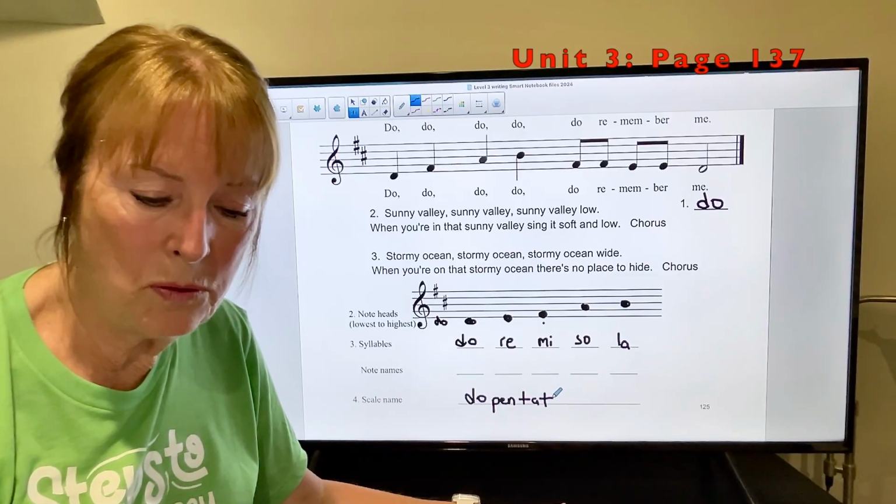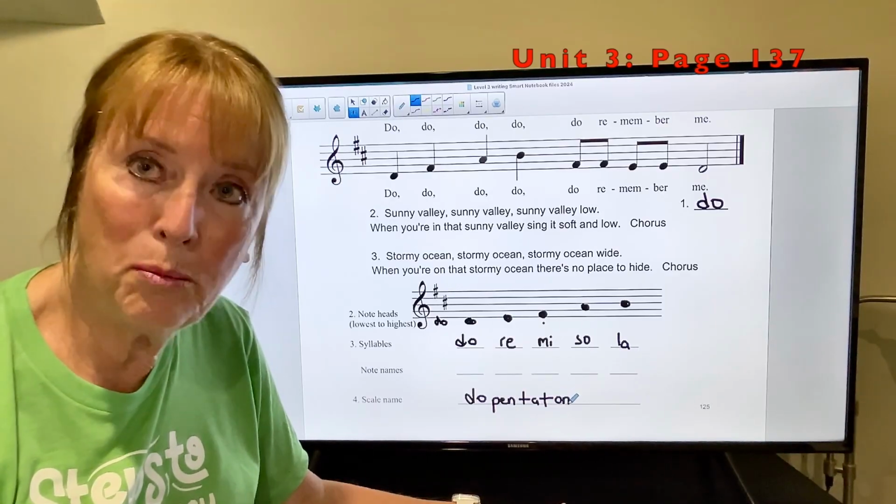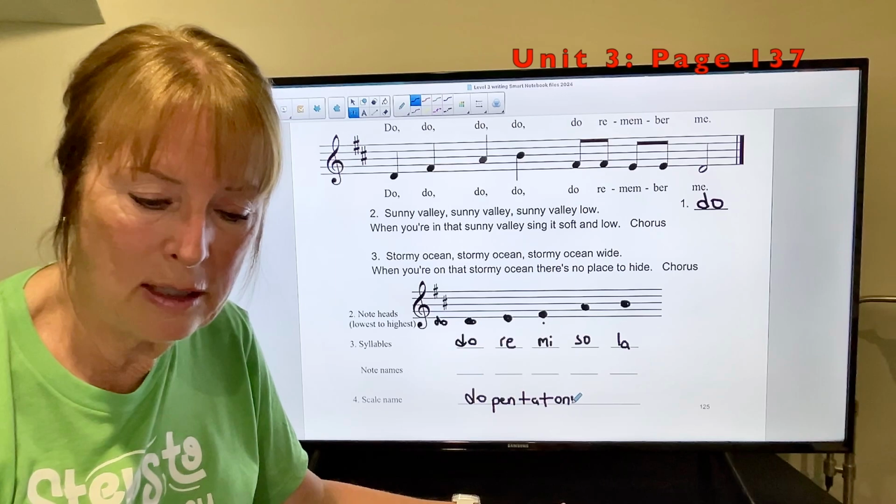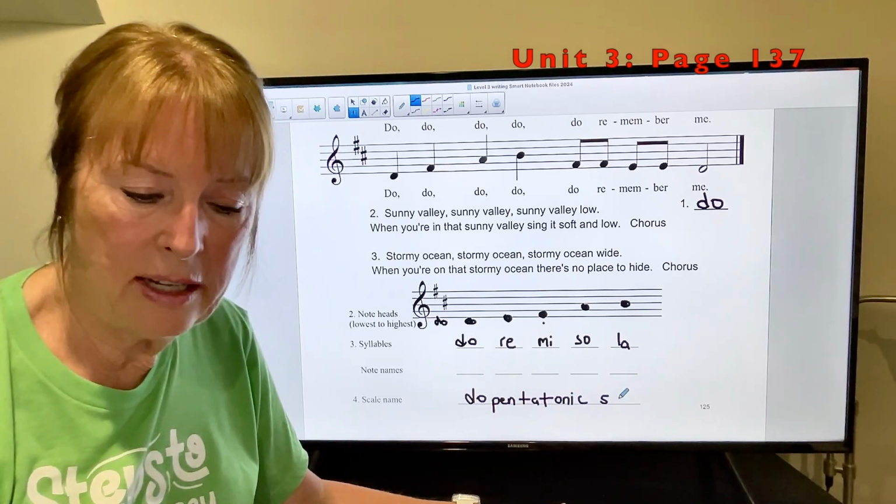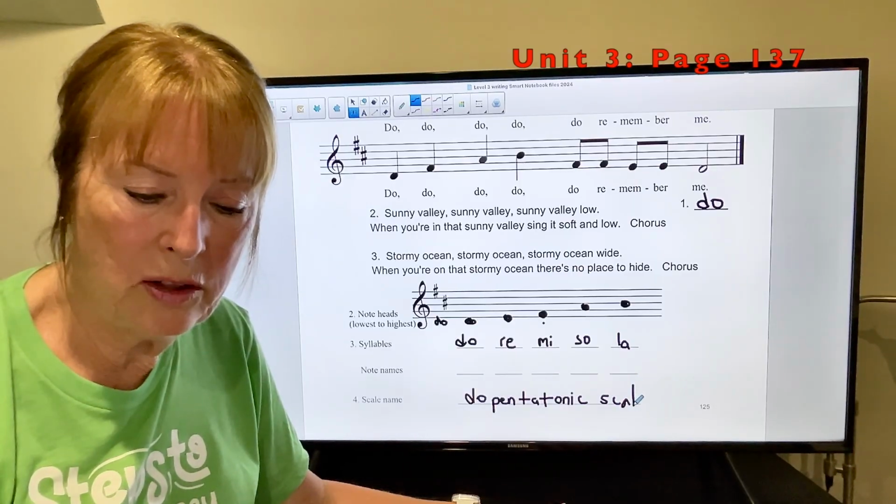We have 5 tones, and the tones have a skip between mi and so to make it a pentatonic scale. All right, and we'll put that in there, and then we're going to name the notes.